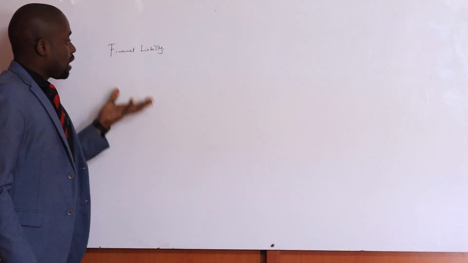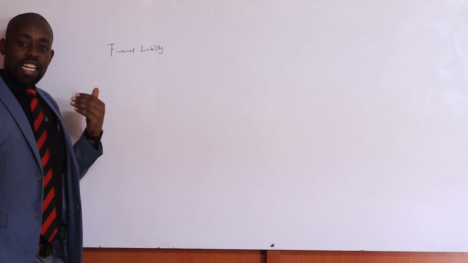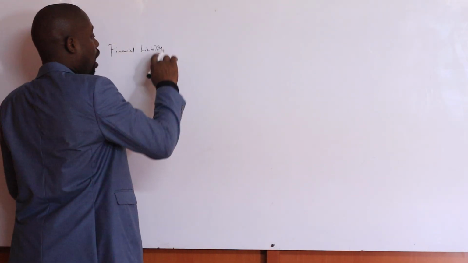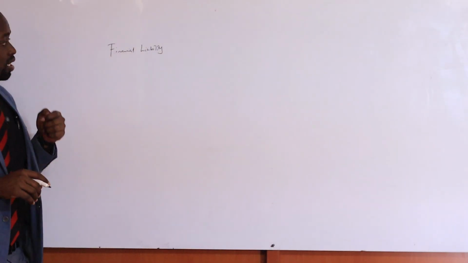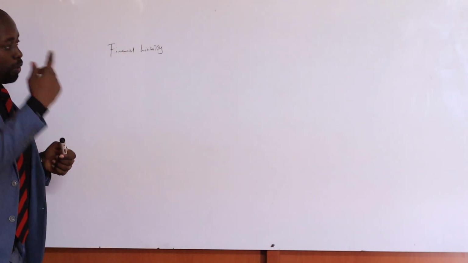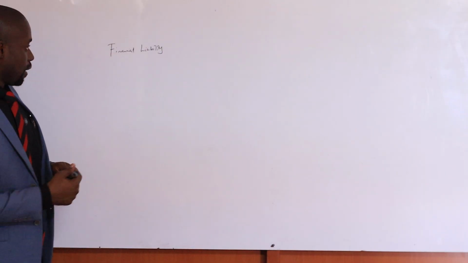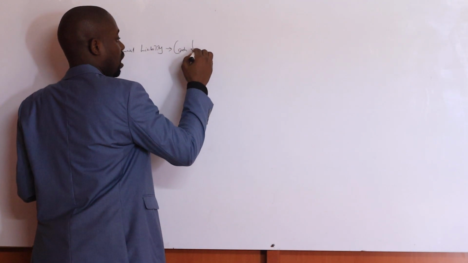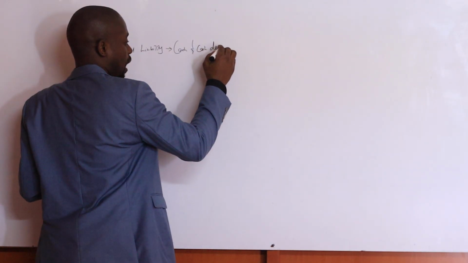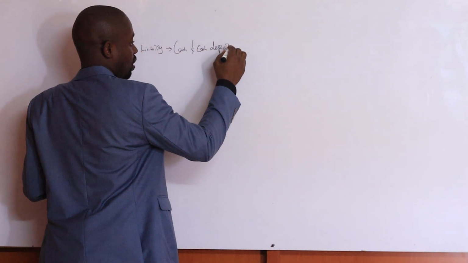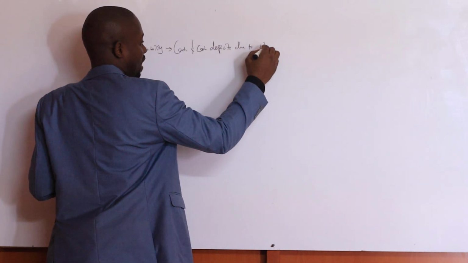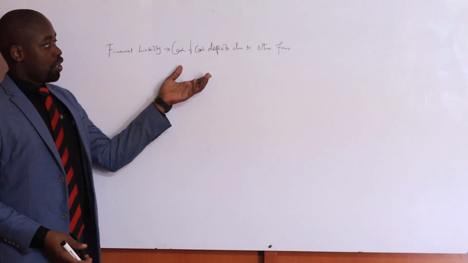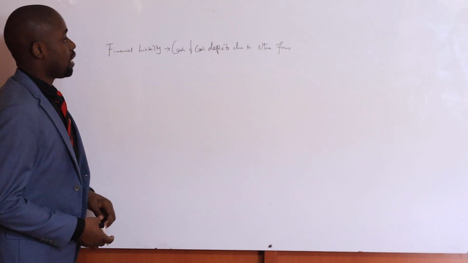So for liability, I would say it is cash and cash deposits due to other firms. The one we had was ours and not due to anybody, so it was an asset. The one that's due to other people or other businesses is a liability. So we could define it as cash and cash deposits due to other firms. That's a financial liability.